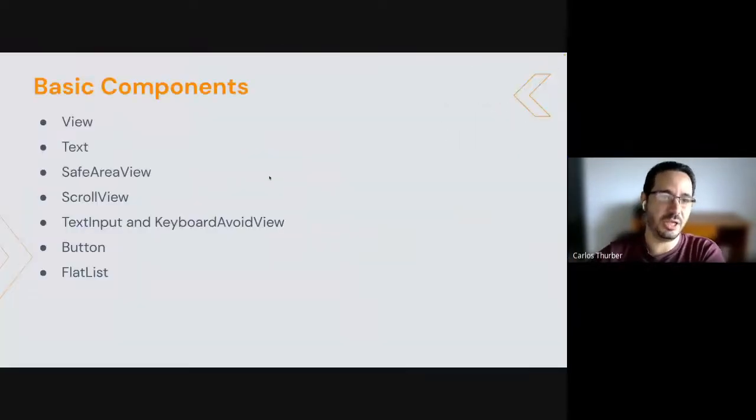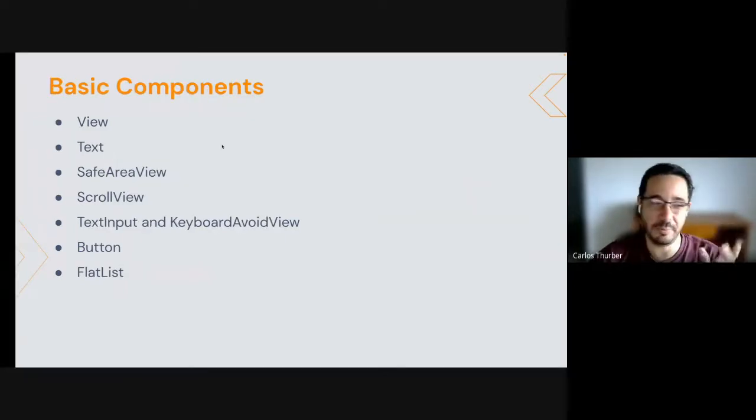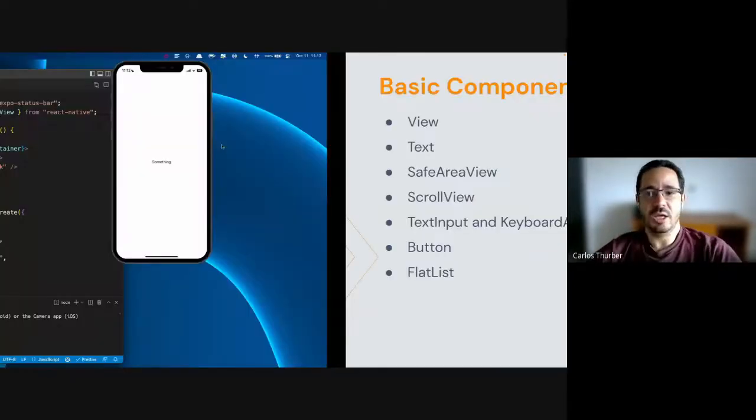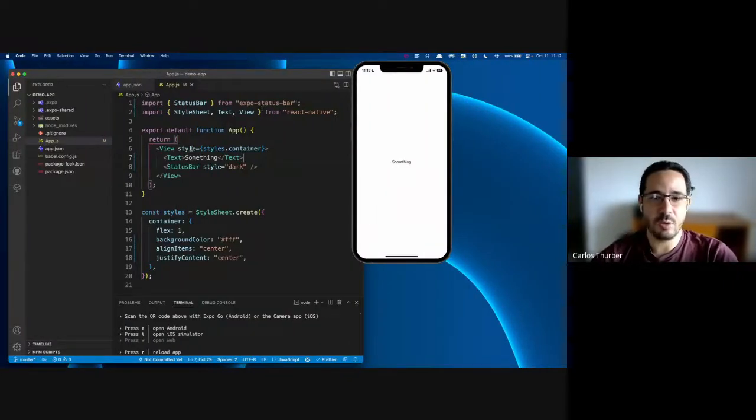I'm going to be showing some important differences between React and React Native when working with these components, so you can build some basic applications. For the View, one important thing to notice is that it uses the style flexbox only.